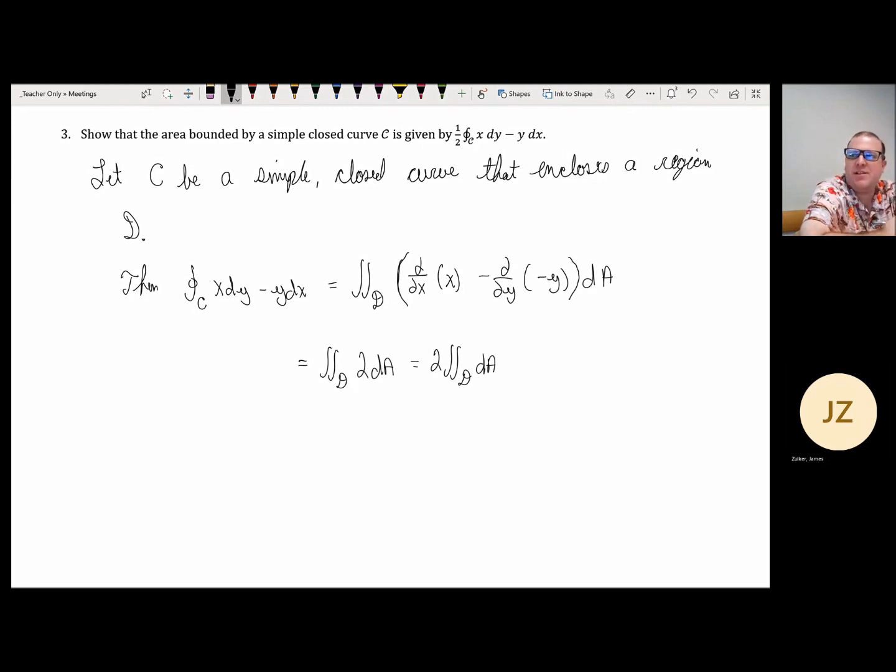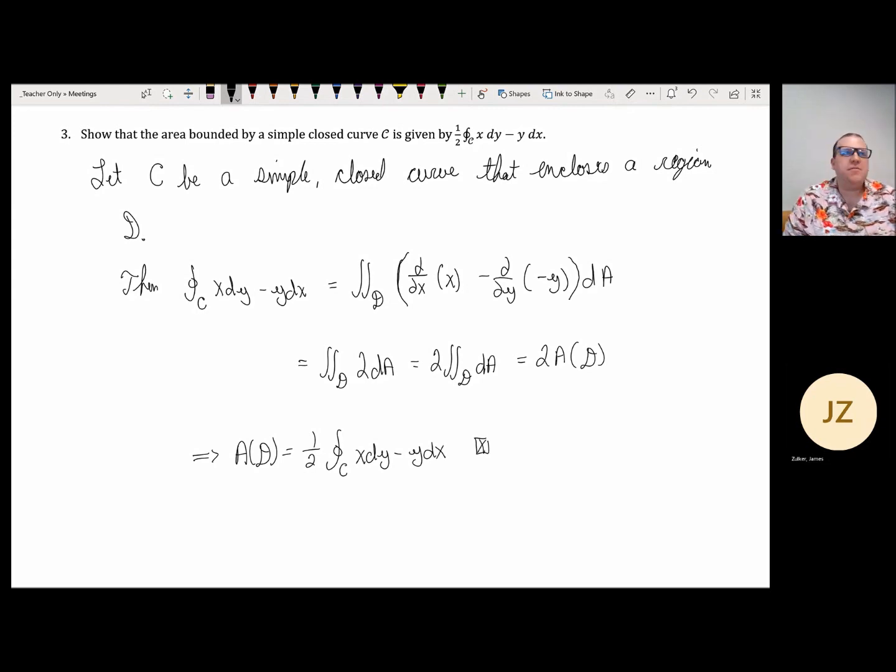You get 2 times the double integral over D, which is 2 times the area of D. Solving for area, you get 1/2 that circulation as desired.